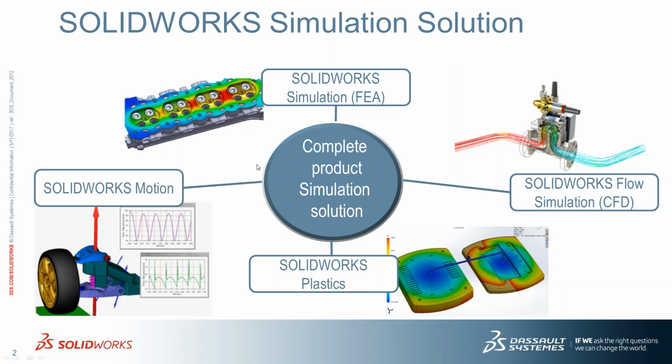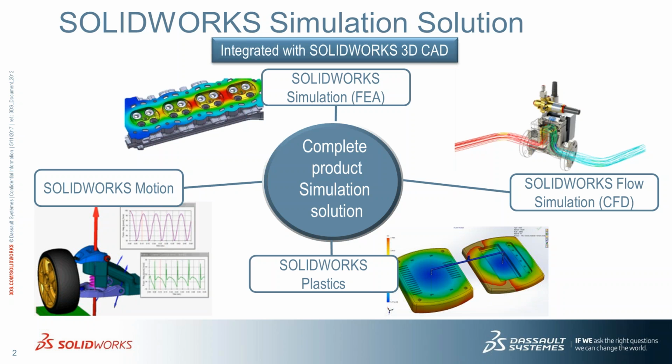And the last one is SOLIDWORKS Motion, which is about mechanism design and understanding the power required, the energy required, and the size of the motors and actuators. One very important note is that we do have rigid dynamic analysis.